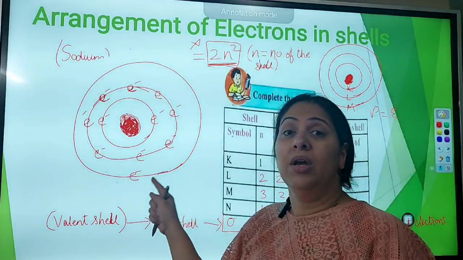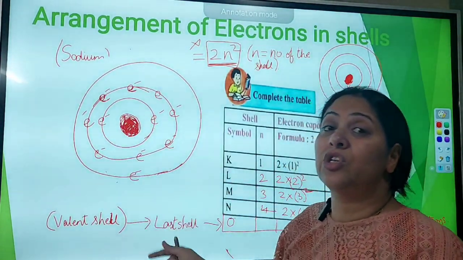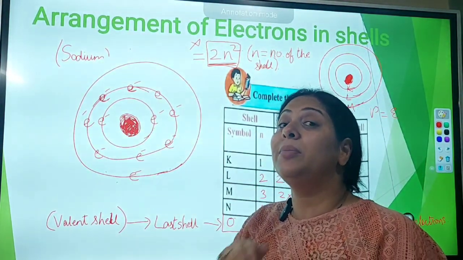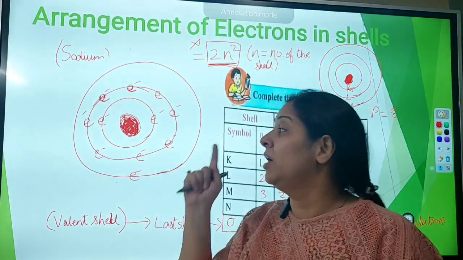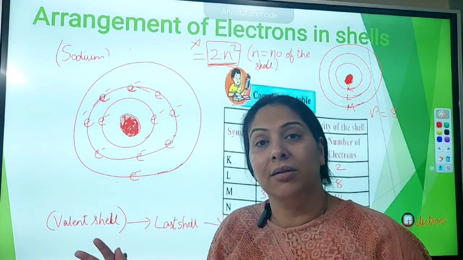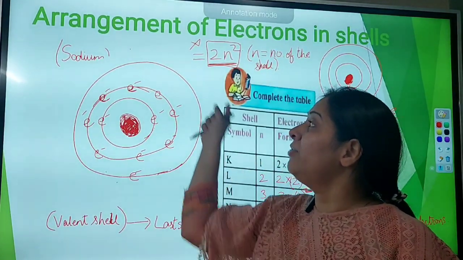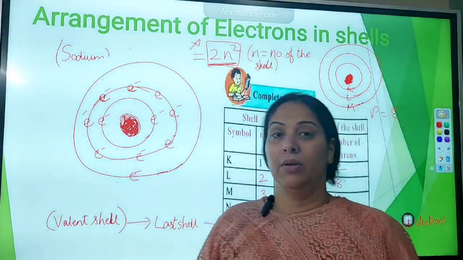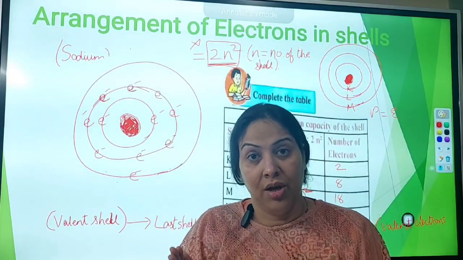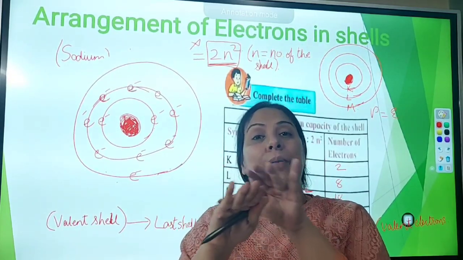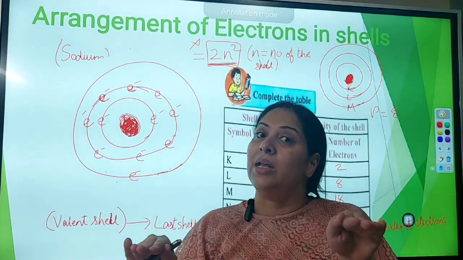If there are fewer than 8 electrons, that means the atom is not stable, it is unstable, it will react. However, if the outer shell fulfills its capacity of 8 electrons, it will become stable, it will become unreactive.